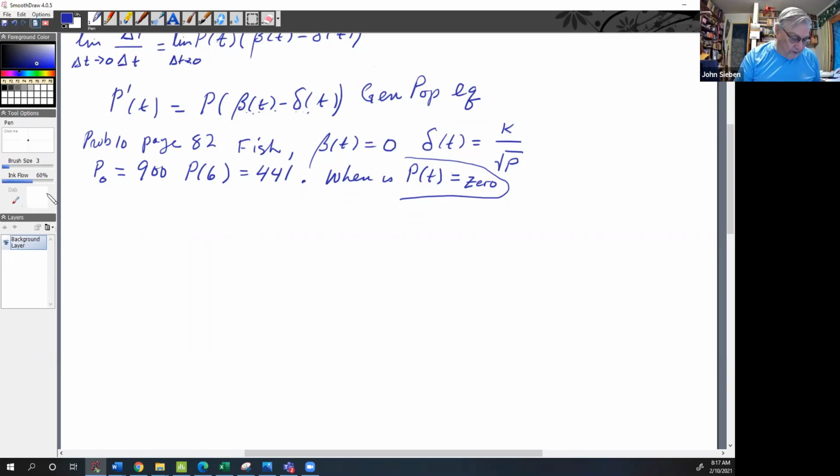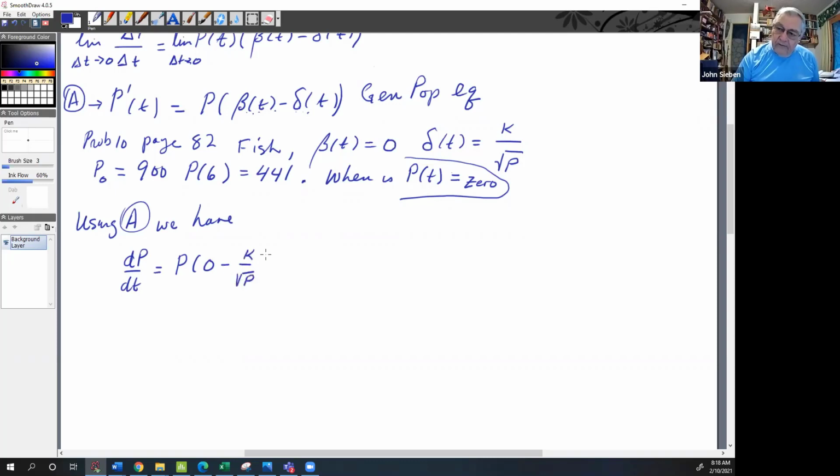So if we call this equation right here A, then using A, we have dP/dt is equal to P times (0 minus k over the square root of P).